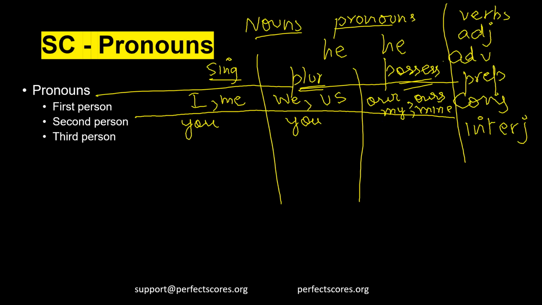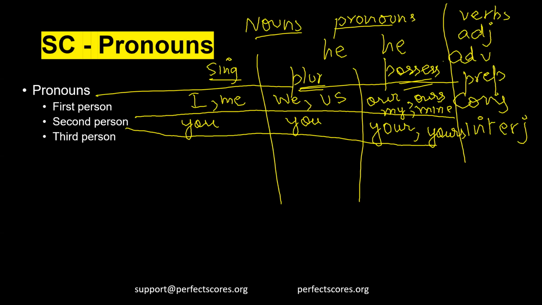For possessive, you can say this is your book, or you can say this book is yours, regardless of whether that person is singular or plural. So that is the second person.